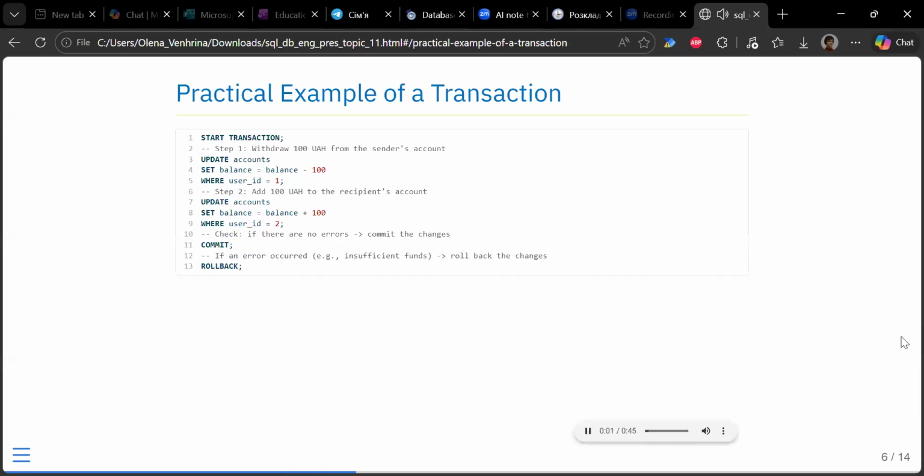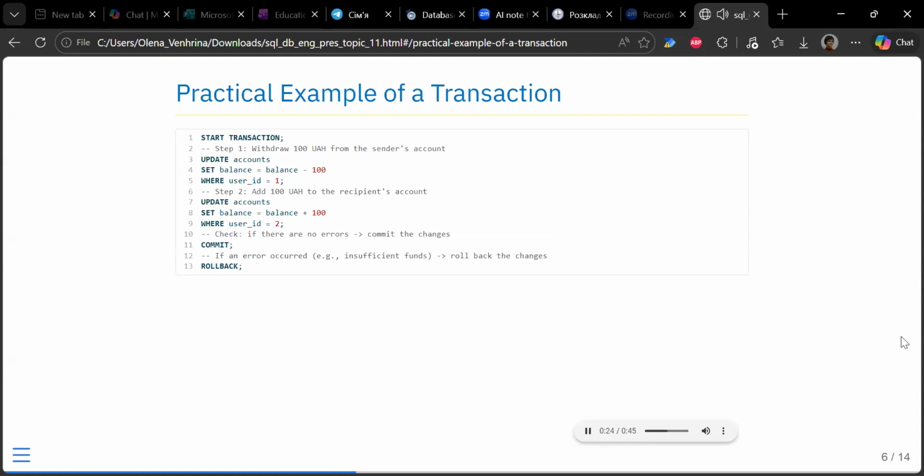Let's consider the classic example of a bank transfer, where it's crucial that both operations are executed together. We start with the Start Transaction command. Next, we execute 2 separate update queries, debiting funds from one account and crediting them to another. At this stage, the changes are not yet permanent.